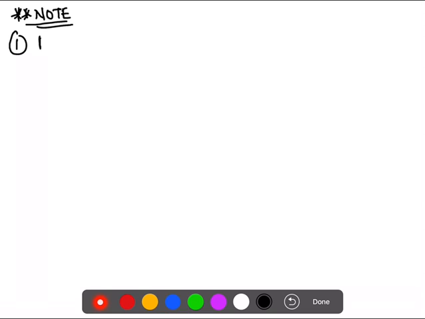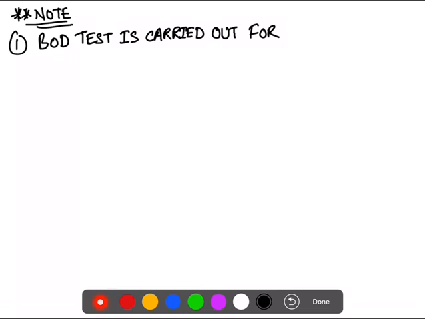Number 1, the BOD test is carried out for 5 days at 20 degrees Celsius. Now you will ask me why at 20 degrees Celsius and that too for 5 days. There is a reason behind that.